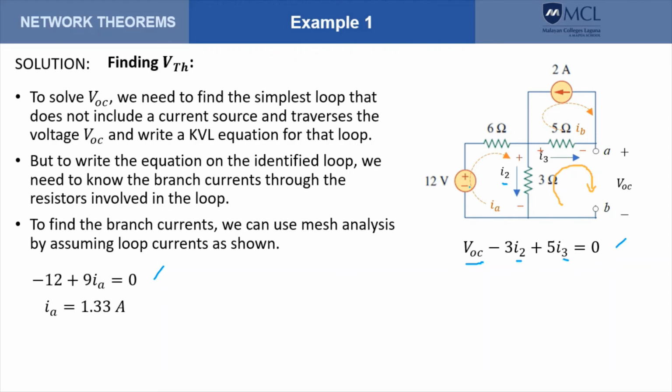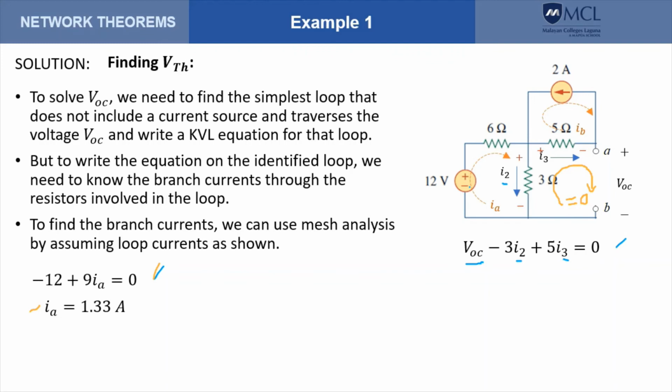So therefore, there's nothing to subtract from this equation because this current is actually 0. So this is our equation for loop A. And from this equation, we could immediately get the value for I sub A. So this is our I sub A.